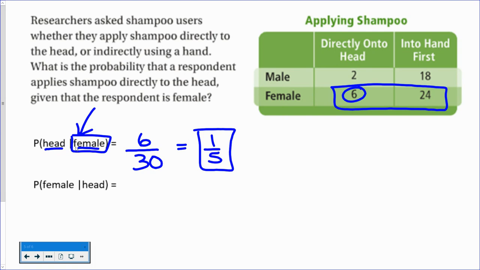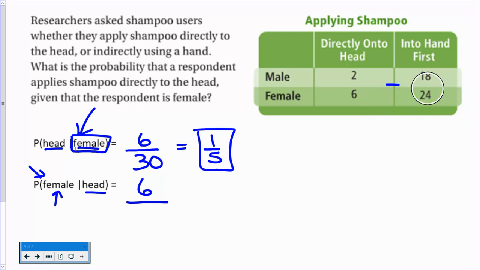Okay. Now, they didn't ask me this in that question above, but I had it flipped because you will get a different answer. If I put female first, given that they've put it onto their head, there are still 6 females in our little study that drop it onto their head, but now what is given is everybody who dumps shampoo on their head, which I don't know anybody, but apparently they exist.